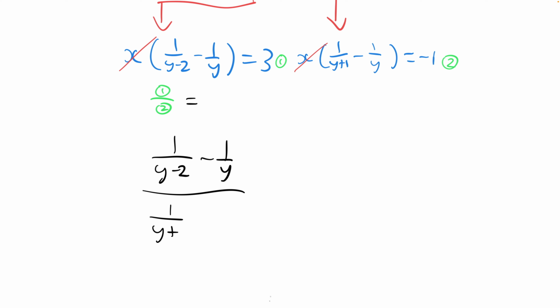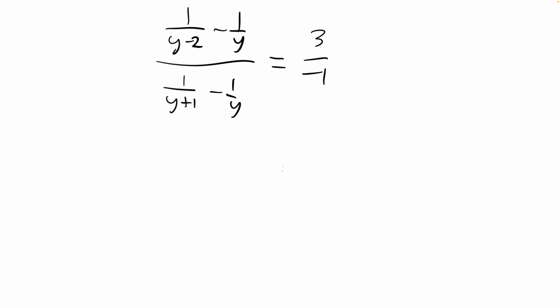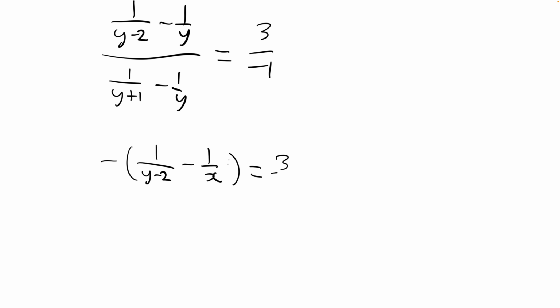This is equivalent to 3 over negative 1. So we simplify by cross multiplication. We get this, and that is equivalent to 3 over y plus 1 minus 3 over y.